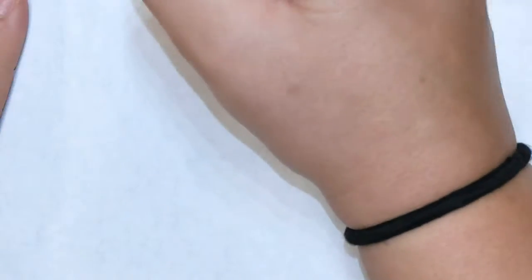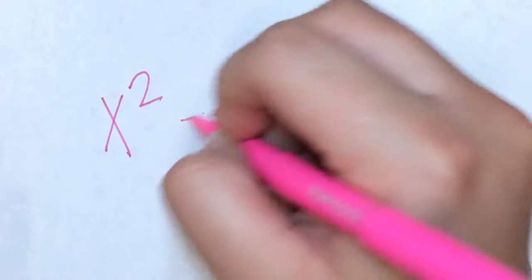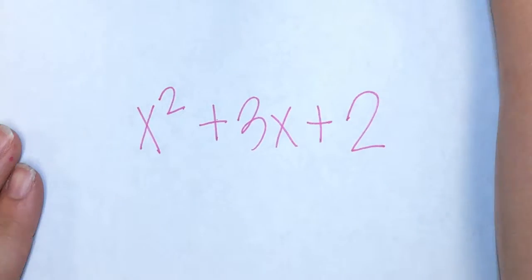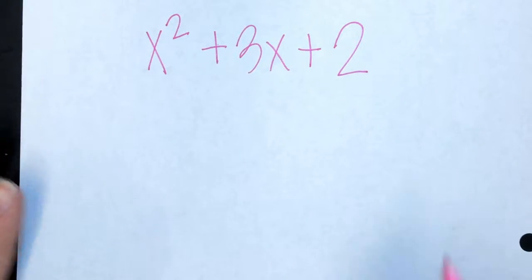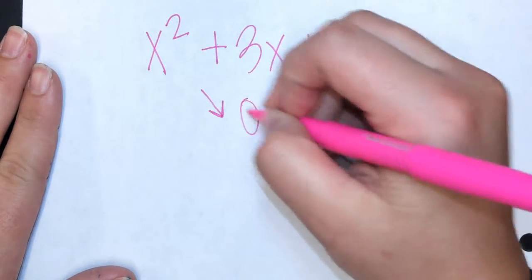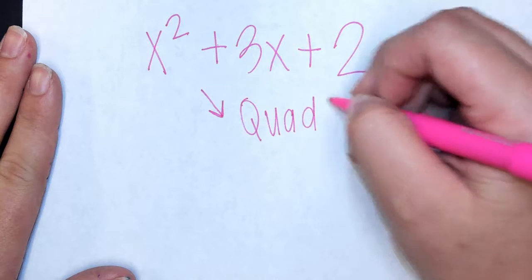Alright, today we're starting a unit on quadratics. So if I showed you this equation, what does this look like? Easy method. Okay, this looks like easy method. But this form is called a quadratic.